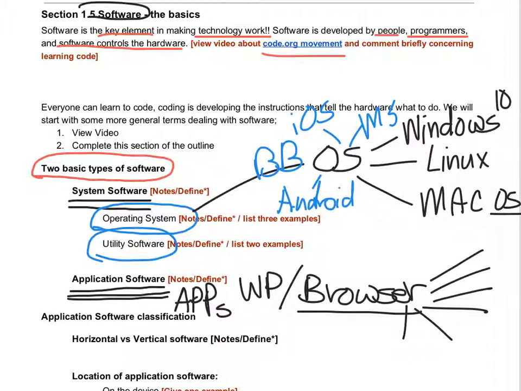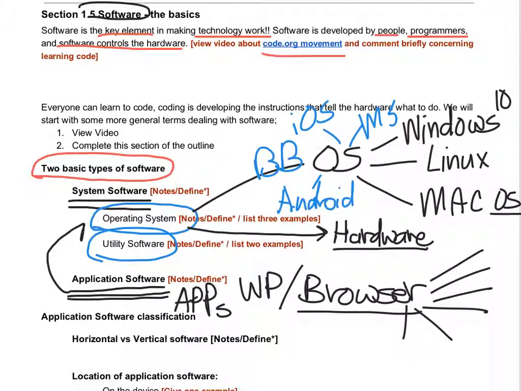Okay, the operating system communicates with the hardware. Humans communicate a little bit with the hardware, but basically through some type of application. An application communicates through the operating system.